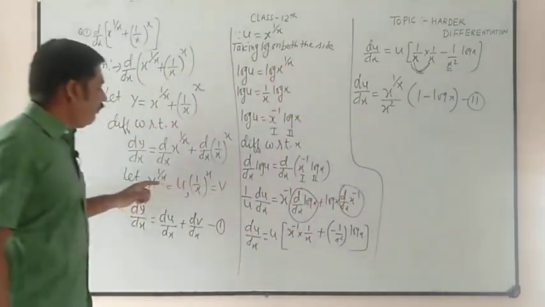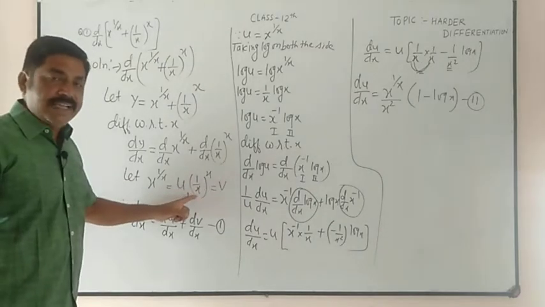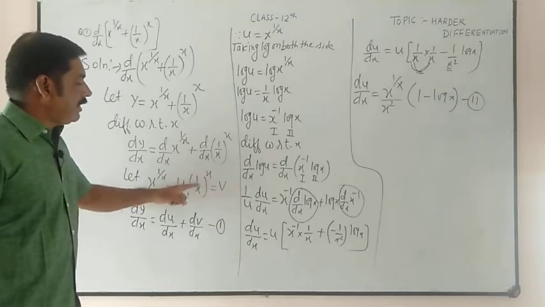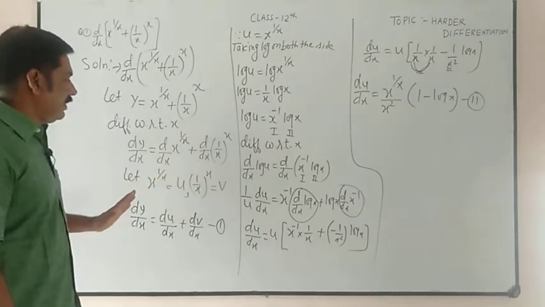Similarly, we can find dv upon dx with the help of v is equal to 1 upon x raised to x. Clear?